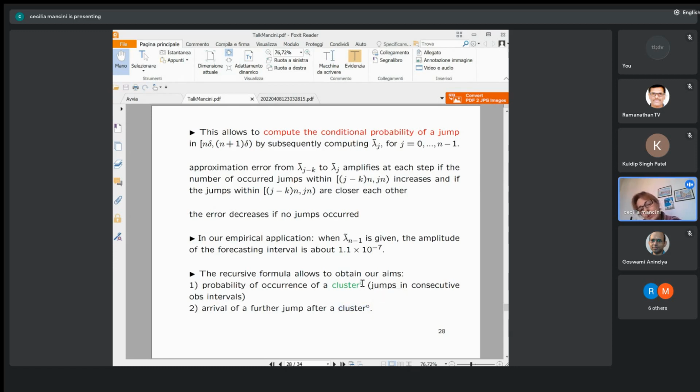So we use different names, different symbols for clusters of different types. Before we had a cluster of k jumps, but here we have a cluster of k jumps which are consecutive.